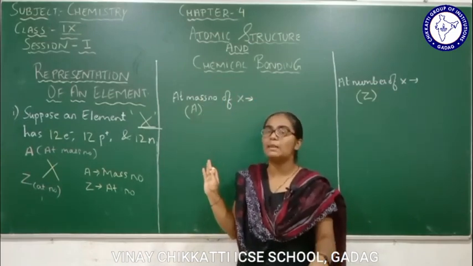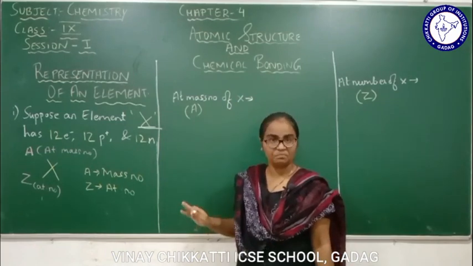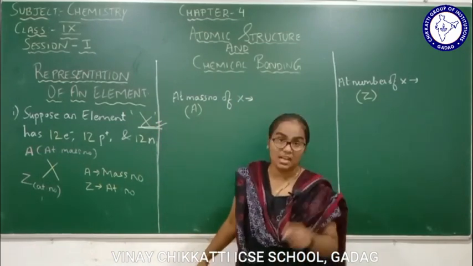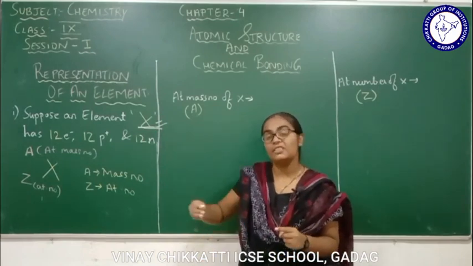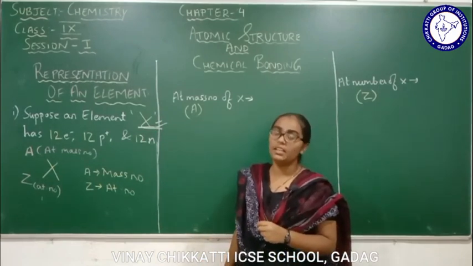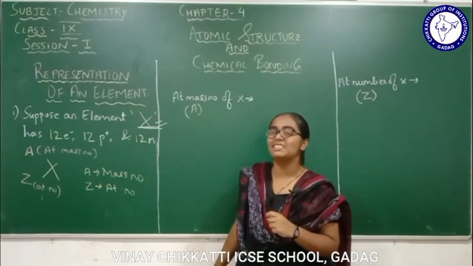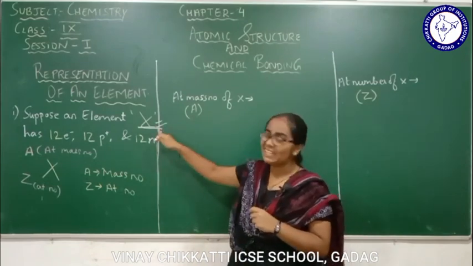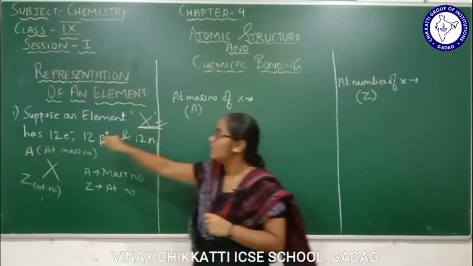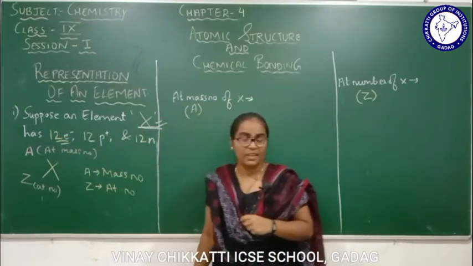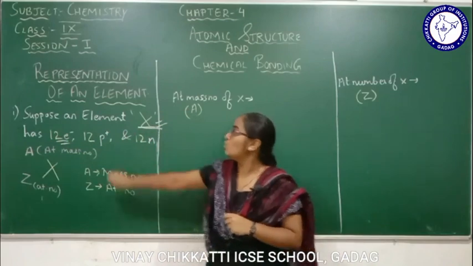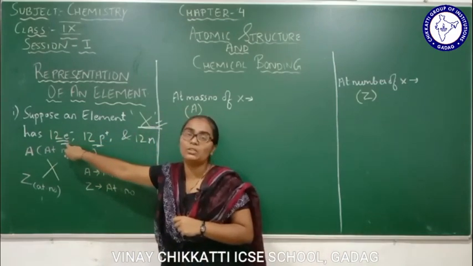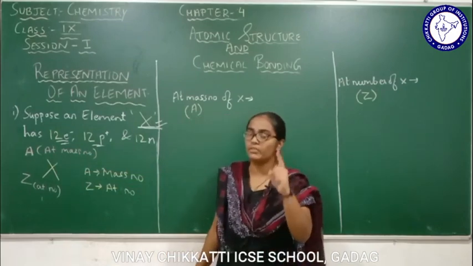I'll explain why with an example. Suppose this element X has 12 electrons revolving in an orbit and 12 protons. So the number of protons will be exactly equal to the number of electrons. This also you have to keep in mind.